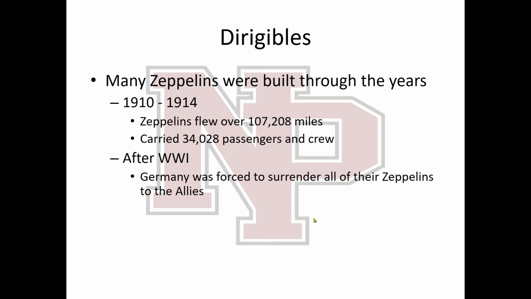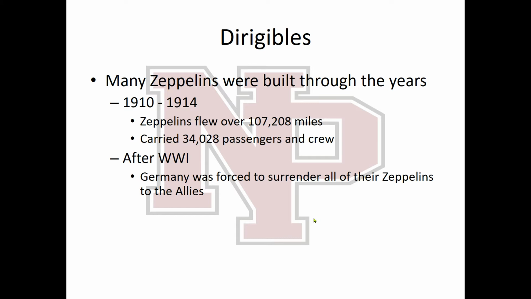Which means that any Zeppelin made by Germany that was parked in storage, used during the war effort, or being made, was taken from Germany and the Central Forces and distributed among the Allied countries. So, United States got some, Britain got some, France got some, and so on and so forth.